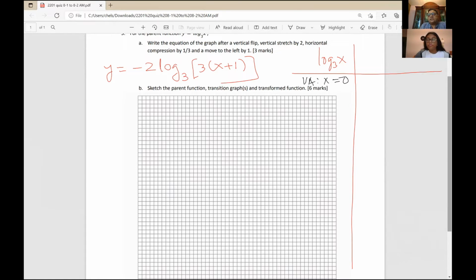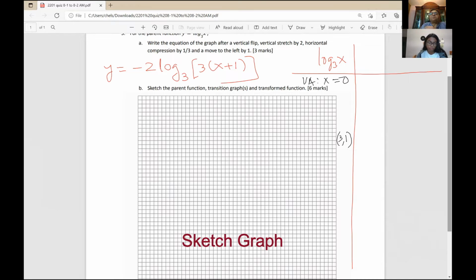Since the base is 3, what is log 3 of 3? Log 3 of 3 is 1, right? So if I write 3 here, I will get 1 as the value.